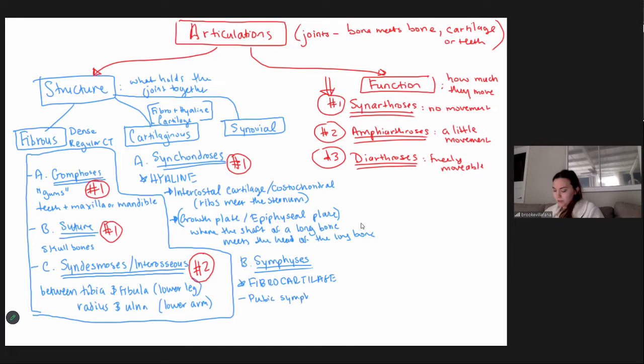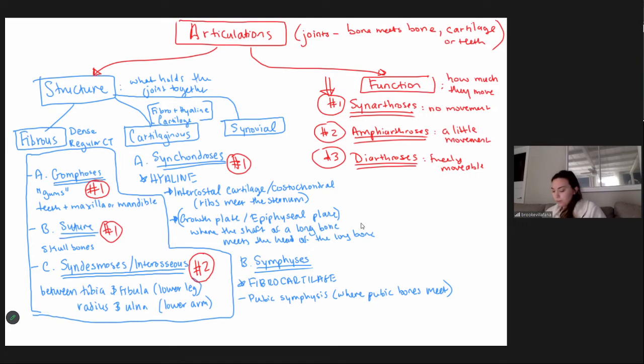The pubic symphysis is where the pubic bones meet. So your hip bones meet. When you walk, you can kind of picture this little meeting point right in between the pelvic bones, kind of at the groin area, and this is the pubic symphysis.